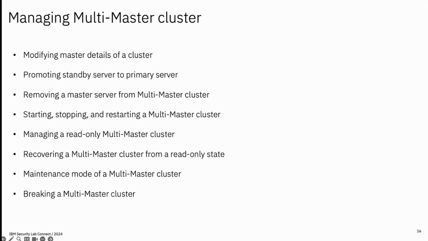If you want to change the data redundancy method or set up a fresh multi-master cluster, you need to break the existing multi-master cluster. This case will also arise when removal of a master server fails for some reason. For breaking, you must run the utility to revert all the master servers to standalone servers.